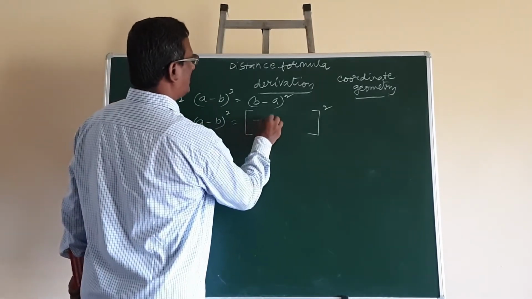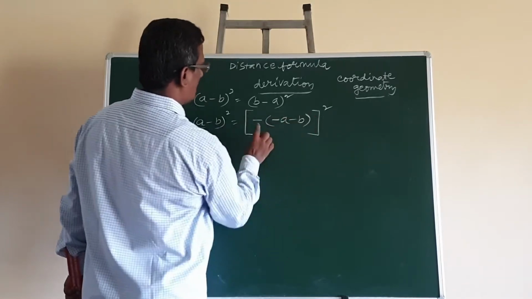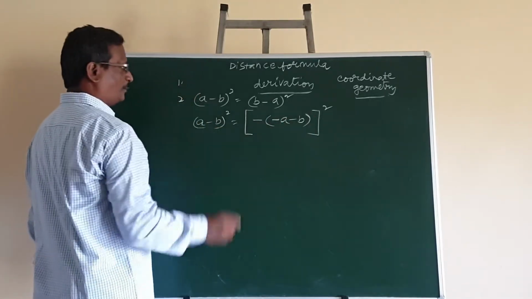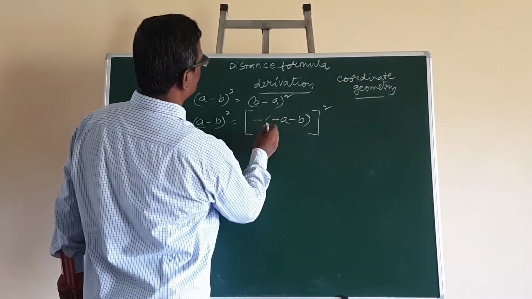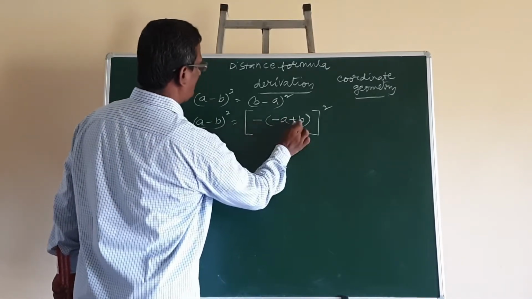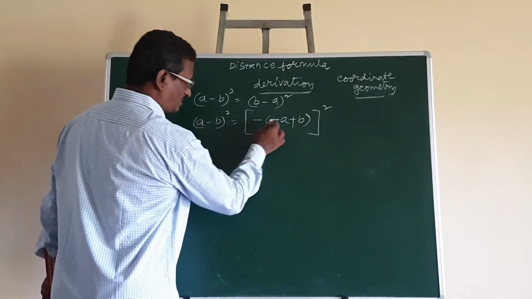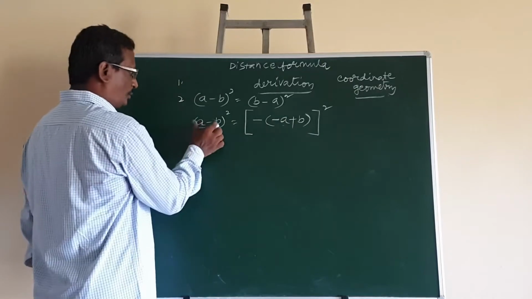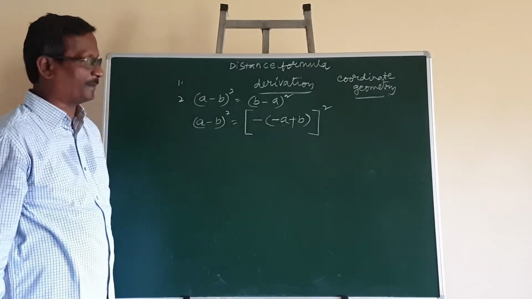This a minus b I will write as minus of minus a plus b. Minus of a is minus a, minus of minus b is plus b. So inside the square bracket is exactly equal to what is inside the common bracket.